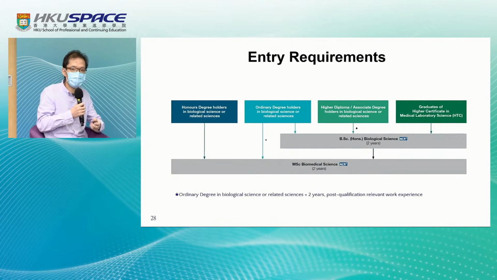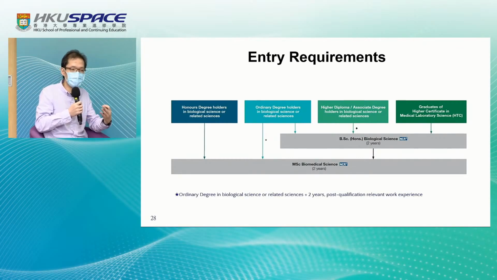Anyway, if you are a holder of an ordinary degree, you need to have 2 years of working experience in the relevant field, normally post-qualification working experience. That means once you got this ordinary degree, we expect you to accumulate some biomedical lab-related working experience before you apply to this MSc.